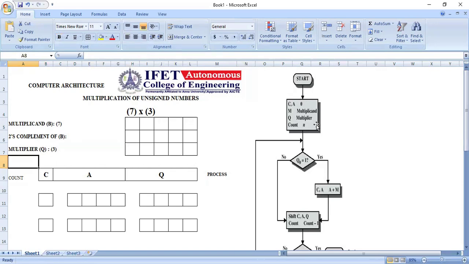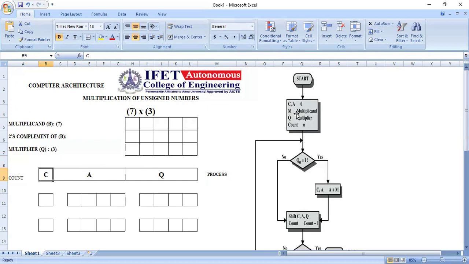As a first thing, I have to initialize certain registers. What registers do we need for performing this multiplication of unsigned numbers? One is the C register, which stands for carry register. Then the A register, which stands for accumulator register.